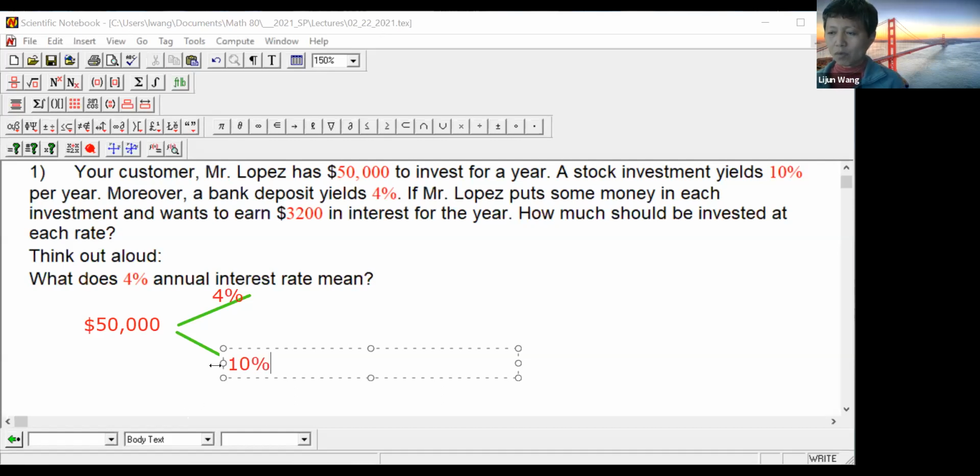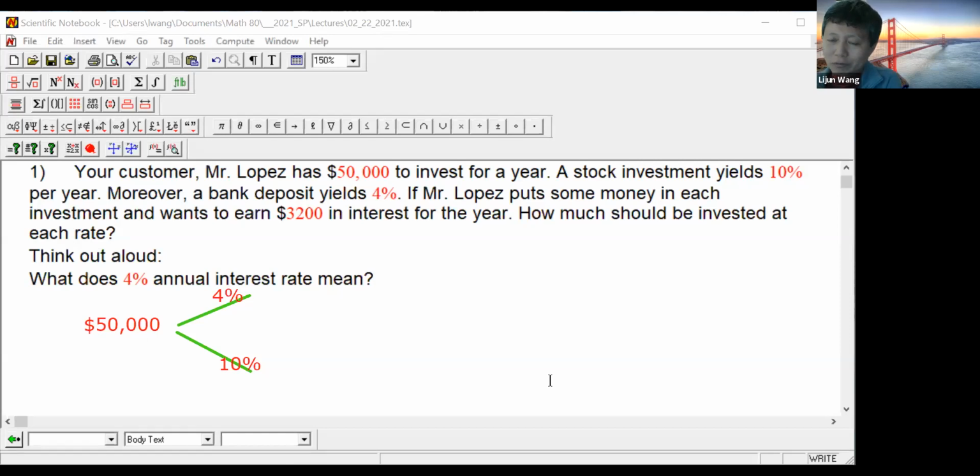Why does Mr. Lopez not put all the money in the 10% account? Because obviously one option gives you a higher return and the other gives you a lower return, but why does he put some money in the 4% account?